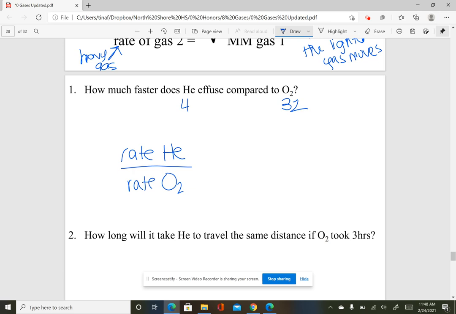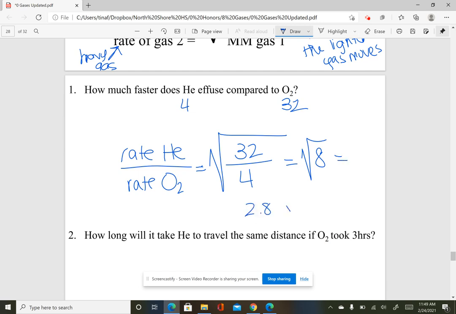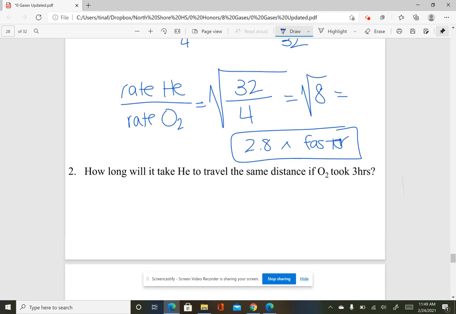I'm putting the light one on top and the heavier one on bottom. So now when I go to do my division, I put the heavier one on top and the lighter mass on the bottom. And when you divide those, you get 8. And when you take the square root of 8, you get 2.8 times faster. And it's going to move faster because it's lighter.